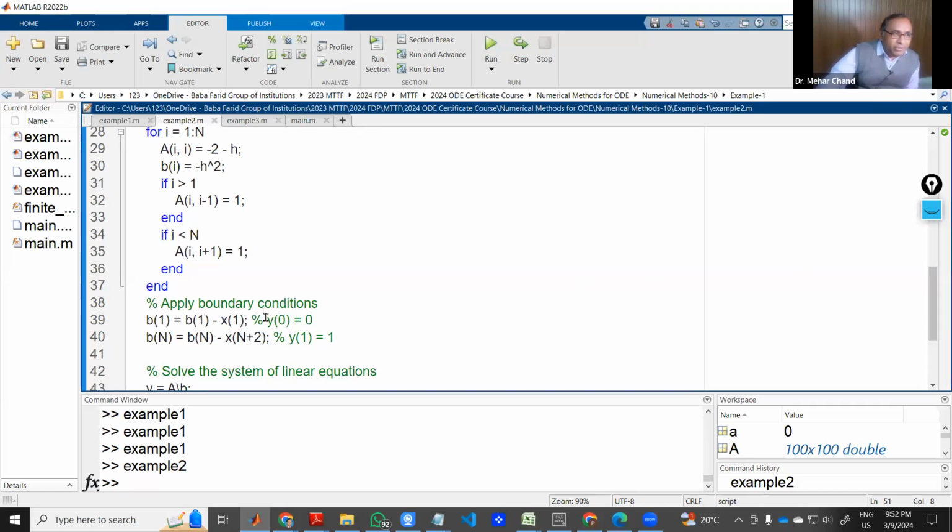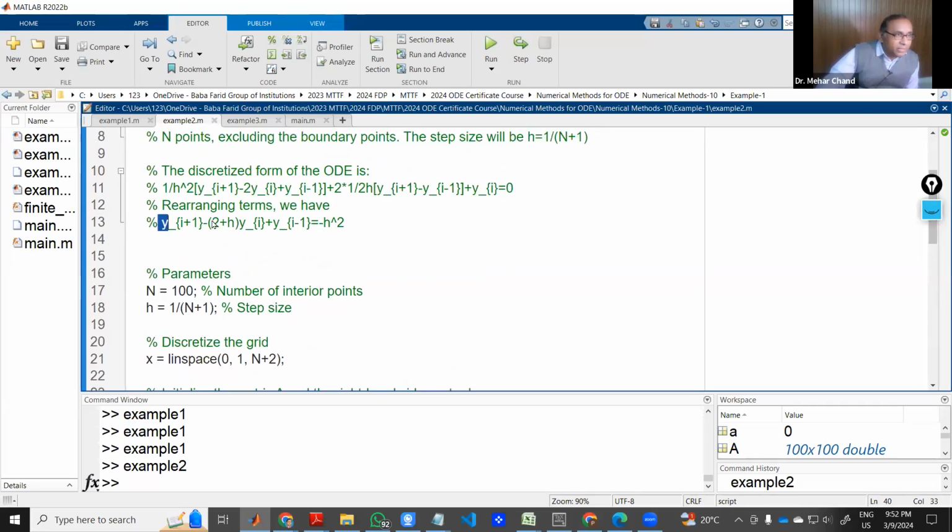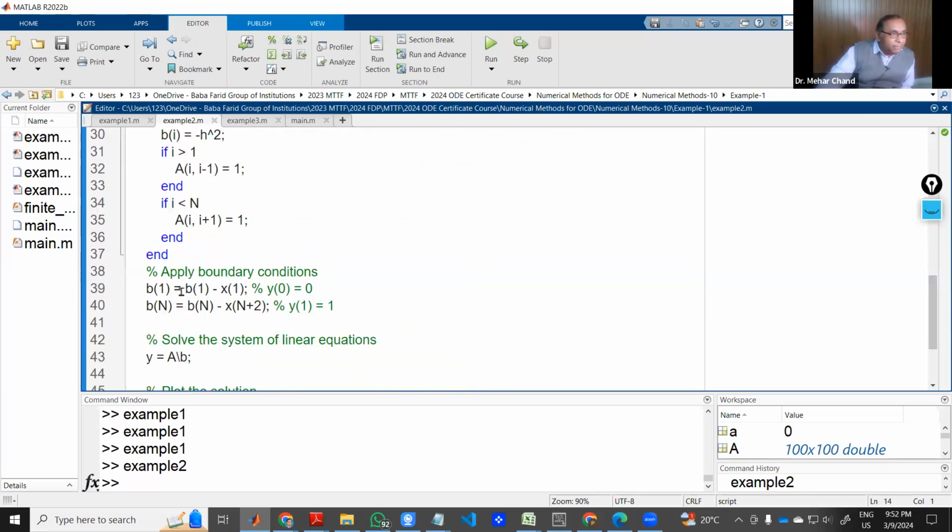When you put these values in the system of equations, when you reduce it, you come back to this place. So when you put the values of i equal to 1, 2, 3, 4, and so on, from the first equation we will have this value b1 minus x1, and this will be the bn.